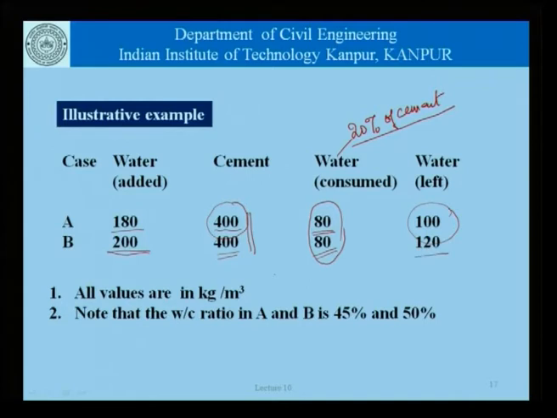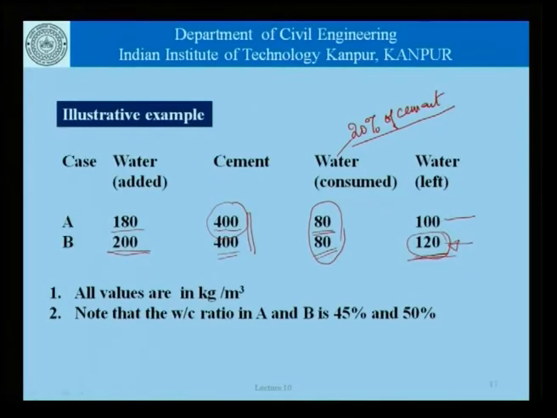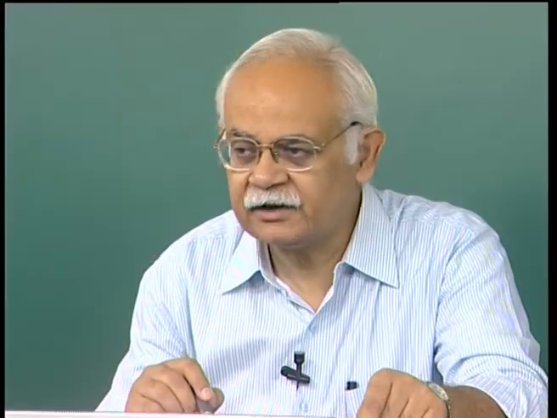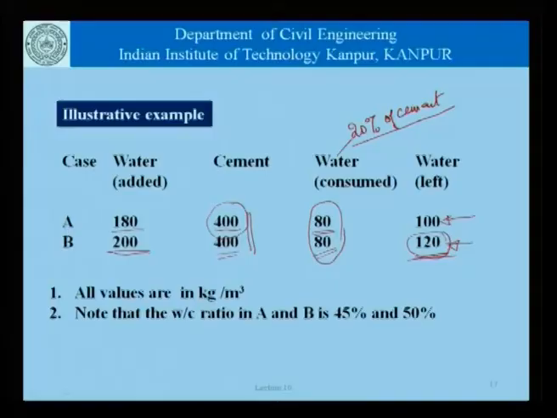The amount of water which is left behind is 120 instead of 100. So, this will finally have more pore spaces, because in this case 100 liters of water will escape, in this case 120 liters of water is available for escape.